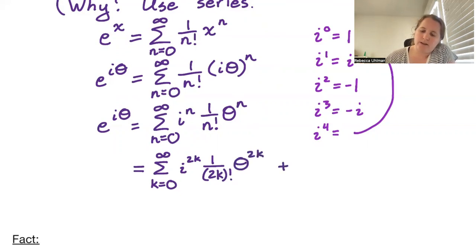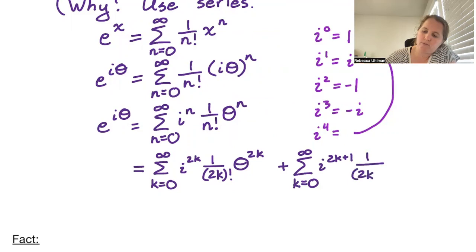And then we'll split again, going from k equals 0 to infinity of i to the 2k plus 1 times 1 over 2k plus 1 factorial times theta to the 2k plus 1.